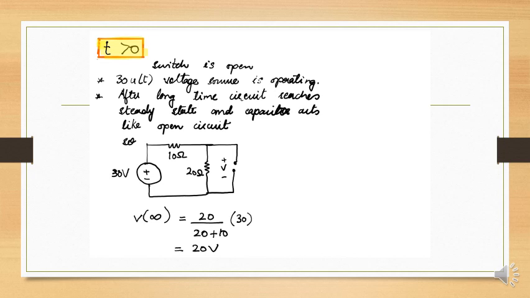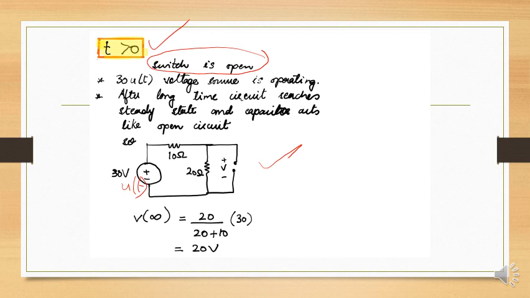Now the main target, time t greater than 0. The switch is open now. In this case, what does our circuit look like? Like this. 30 u of t has a voltage after t equal to or greater than 0; it is in operating state.